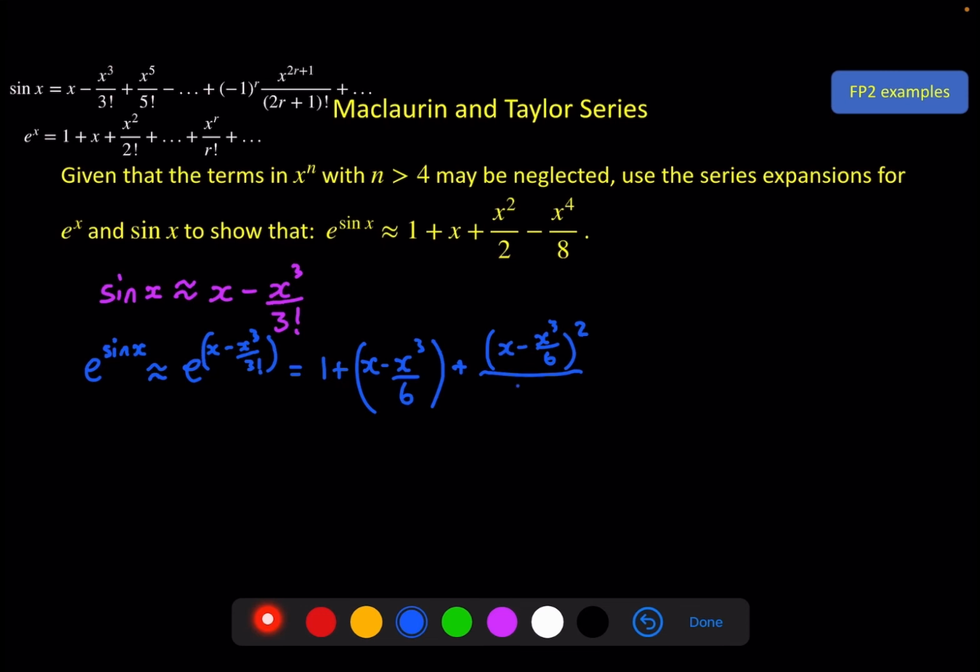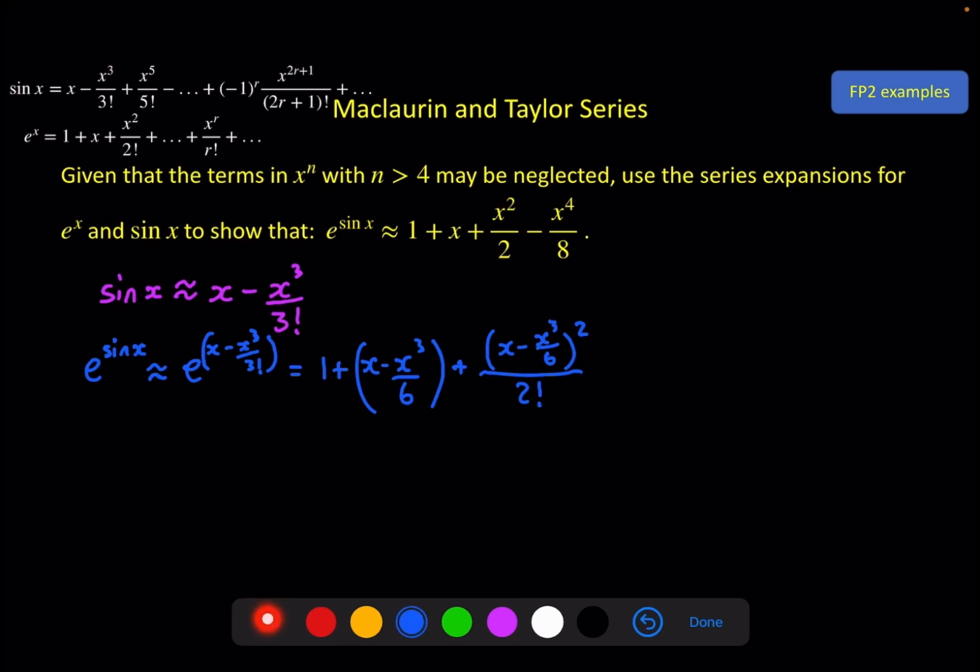And you can see why this is going to be quite a laborious process, because here I will need to square this. I know when I square x cubed, that will be bigger than I need, but when I square x, that will be one of the things that I do need. That's still less than x power 4. So I will need to consider this term, or at least parts of this term.